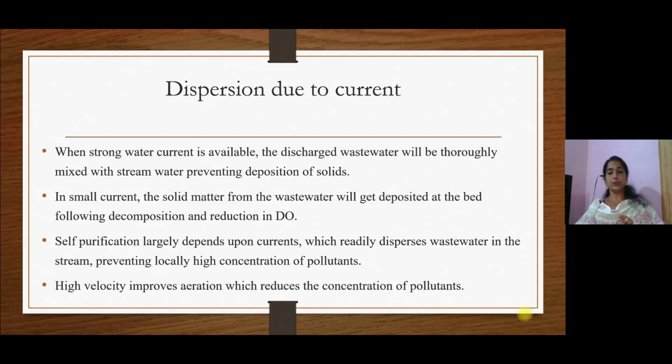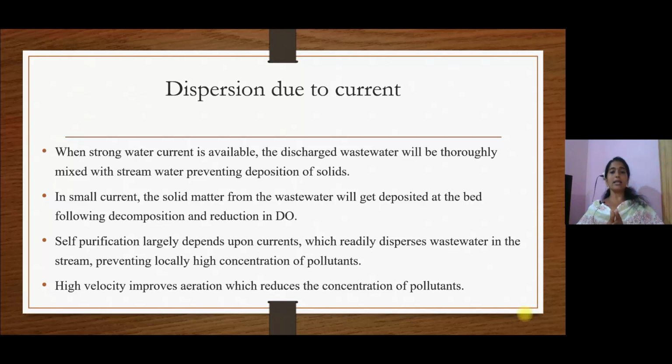Then dispersion due to current. When a strong water current is available, then the dispersion or the dilution will be more. The discharged wastewater will be thoroughly mixed with the stream water, preventing deposition of solids, and the dilution takes place rapidly.